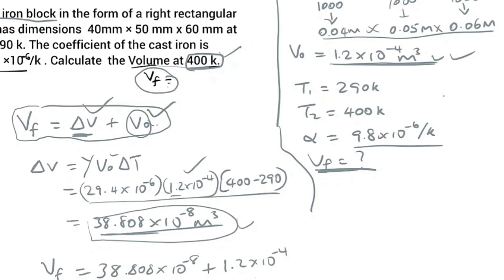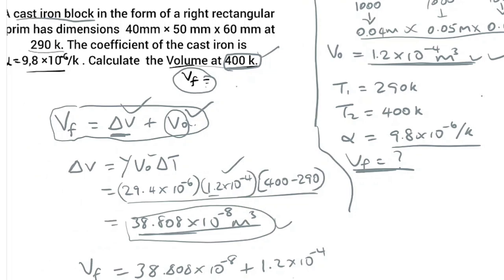Originally, at 290 Kelvin, it was this initial dimension at this temperature. Now because of the heat increase to this temperature, there is a new volume, because it extended with this change in volume.